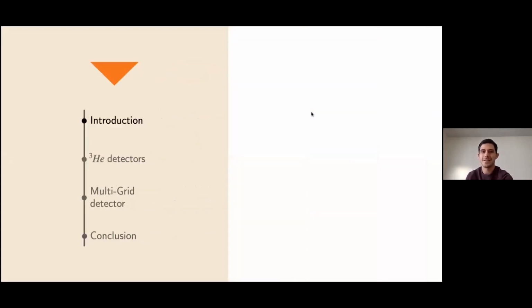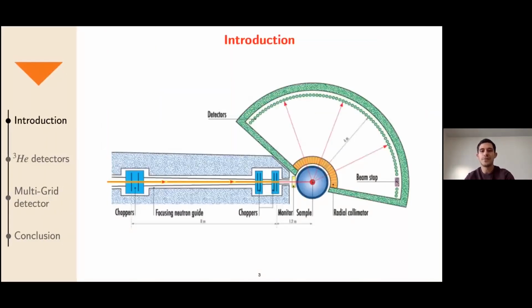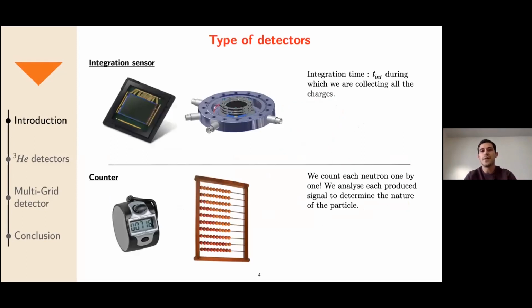Okay, so let's start. During the previous seminar, we saw the neutron sources and guides up to the sample. The neutrons are then scattered, and we have to detect them and count them. This is the topic of this seminar. There are two families of detectors: the integration sensors and the counters.